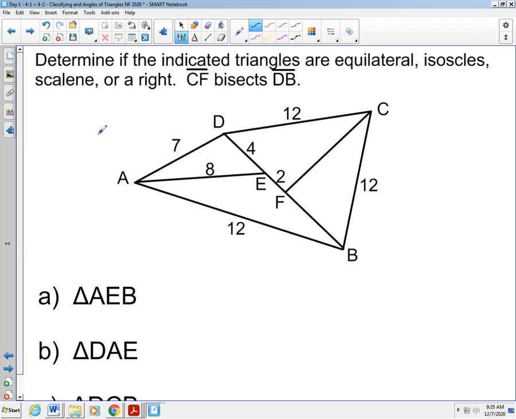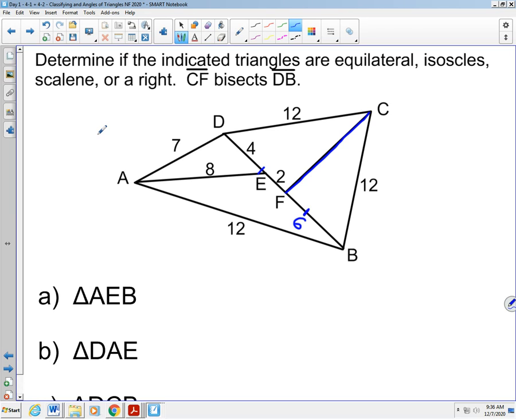Determine if the indicated triangles are equilateral, isosceles, scalene, or right. Okay, and we know that CF bisects BD. So in other words, this side is equal to this side. So DF is equal to 6, therefore this is also equal to 6.